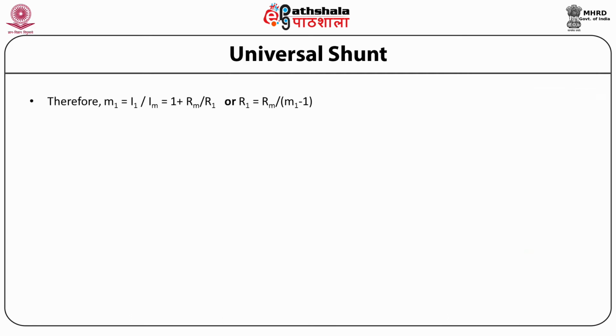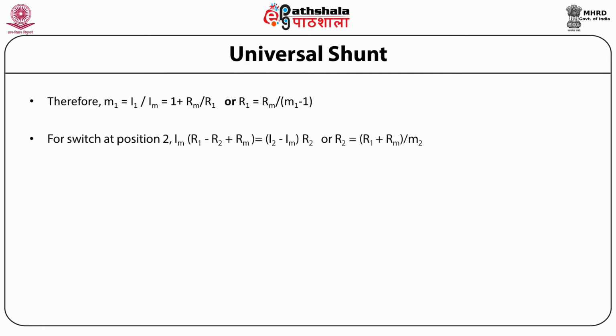Therefore, M1 is equal to I1 by Im, which is equal to 1 plus Rm by R1, or R1 is equal to Rm divided by (M1 minus 1).